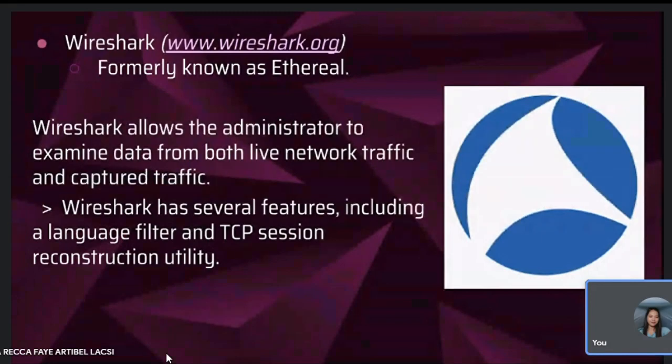If you have already seen this logo, we have used it in the past: Wireshark, formerly known as Ethereal. Wireshark allows the administrator to examine data from both live network traffic and captured traffic. Wireshark has several features including a language filter and TCP session reconstitution utility.